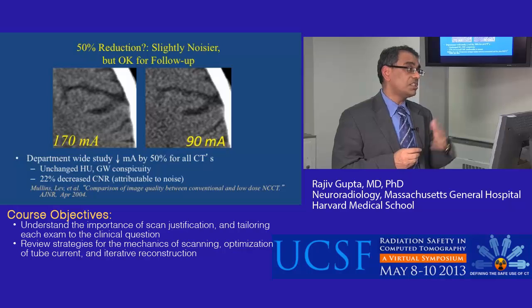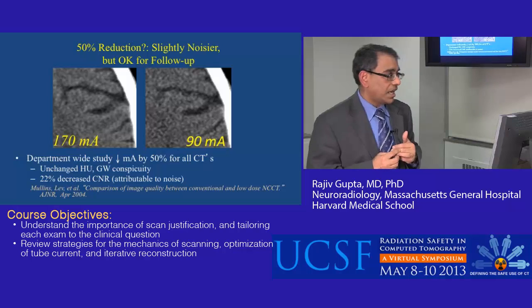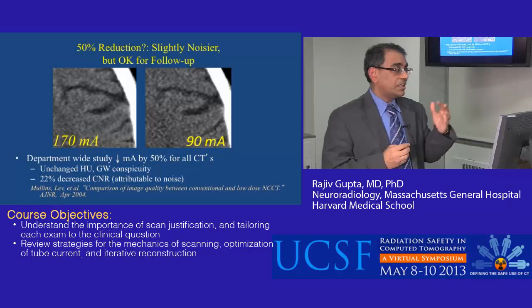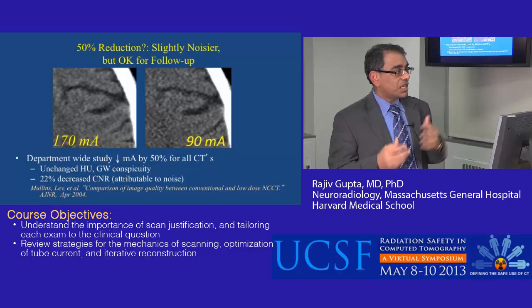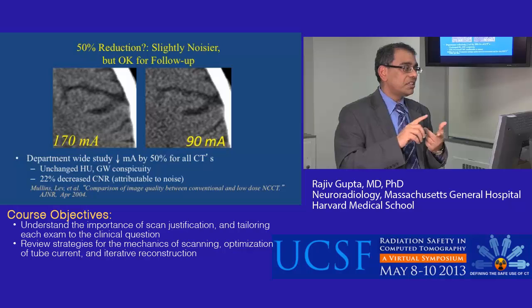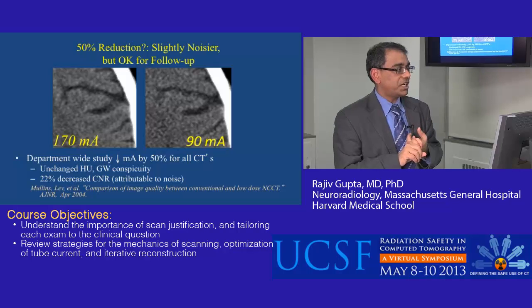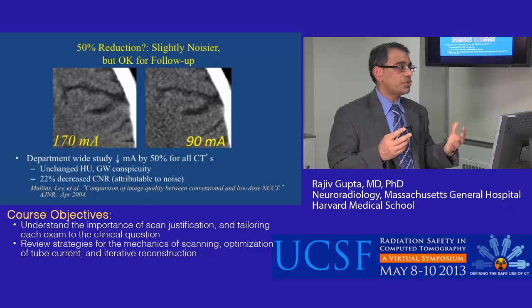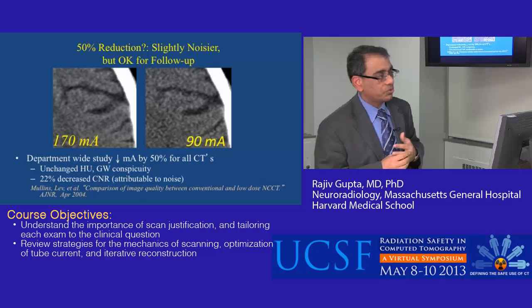So, the conclusion in this department wide study was that a 50% drop in the MA value did not result in any significant decline in either the conspicuity of the gray white differentiation or in the Hounsfield units. However, the overall contrast to noise ratio was elevated by 22%.